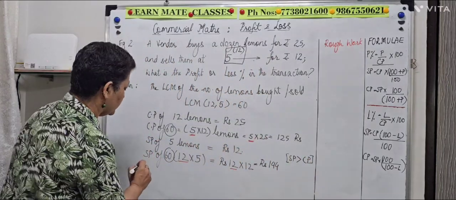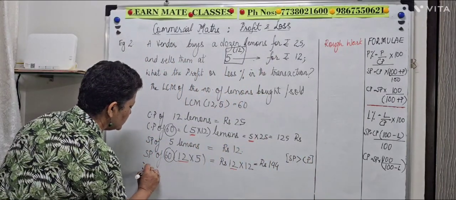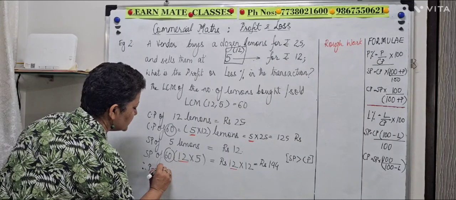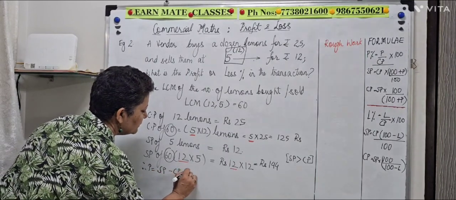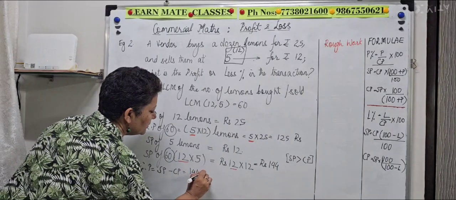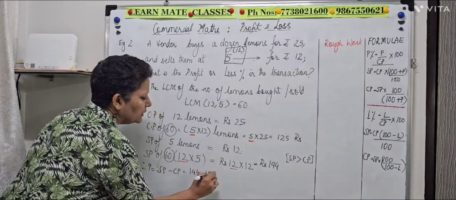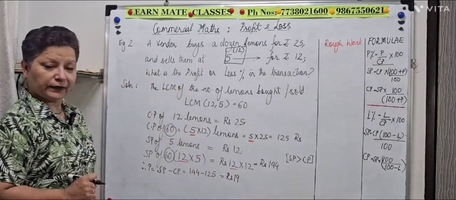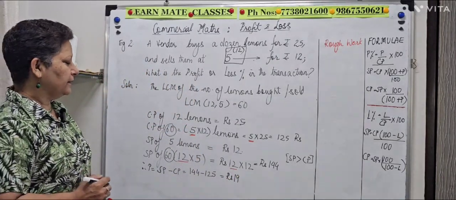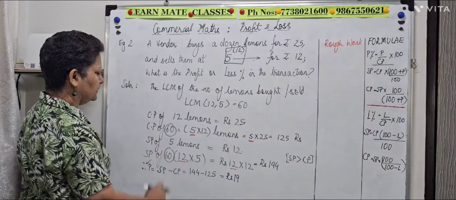It's going to be a profit. Therefore, profit is equal to the selling price minus the cost price, which is 144 minus 125, which comes out to be rupees 19.